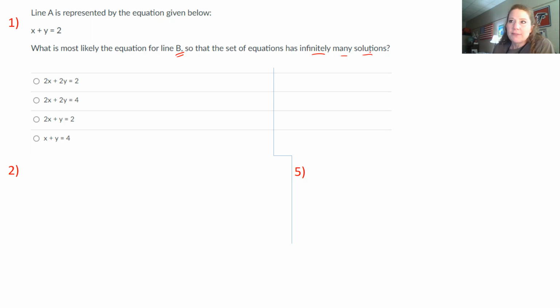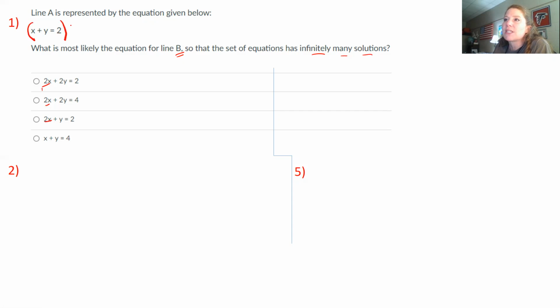Early on in this unit, I told you if you can get from one equation to the other by multiplying every single term by the same digit, then they have infinitely many solutions. So I see 2x, 2x, 2x. To get from x to 2x, I'd have to multiply by 2.